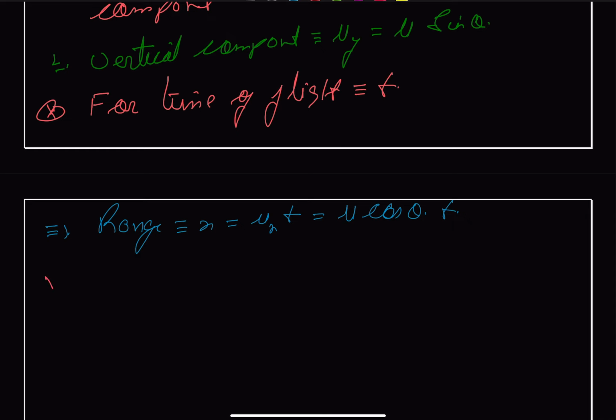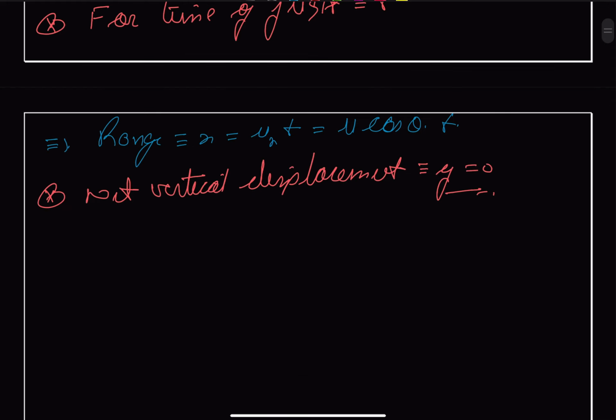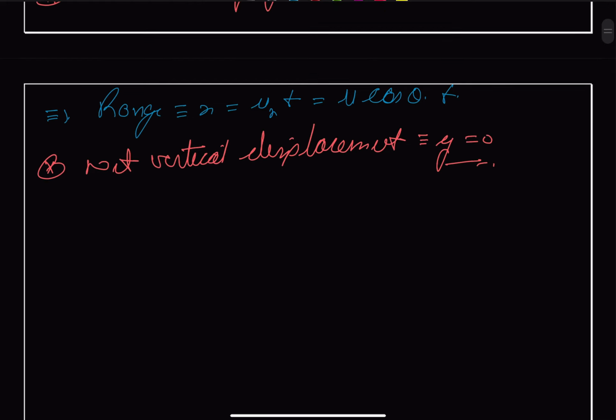So we can say that net vertical displacement, if we assume that is our y, then this y is equal to 0. And we can write the equation for this y by using the equation of kinematics.